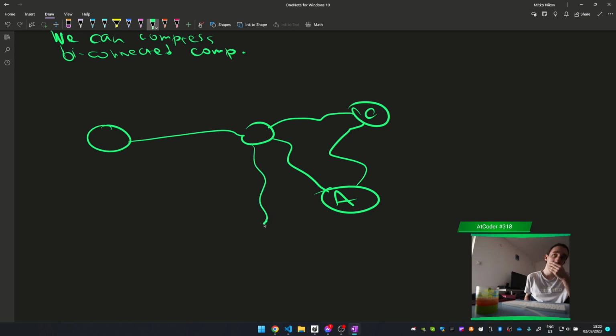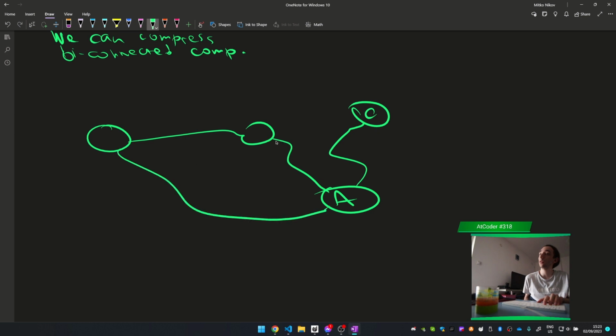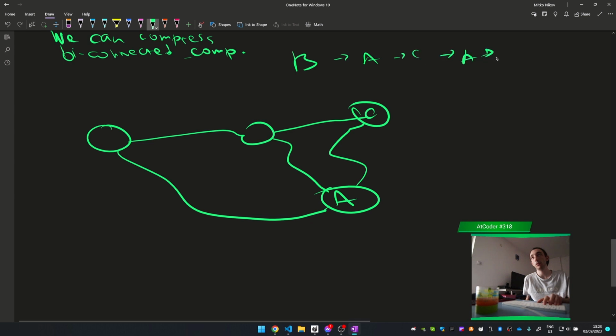But then you will go here. Oh no. Let's say there's something like this, and you will go here, and you will return back, then you will go here. So essentially you visited B, then A, then C, and then A, and then you returned back to A, and then you visited B.